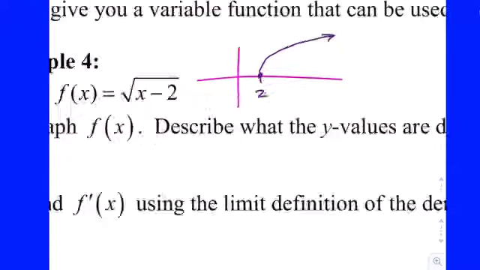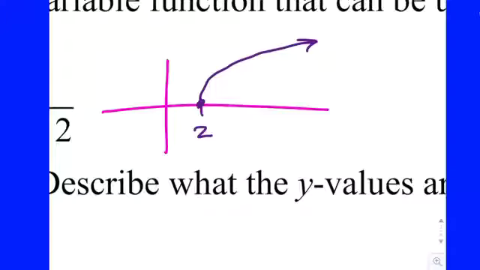All right, I would love to be able to find the slope of that graph, its instantaneous rate of change, at any point. First of all, what do you think the slope is at 2? If you were to draw the tangent line there, what would it look like? Right, it would be vertical. You'd have a vertical tangent line.